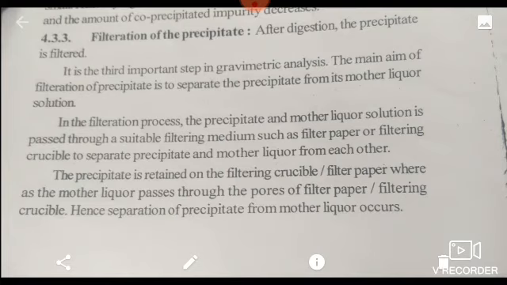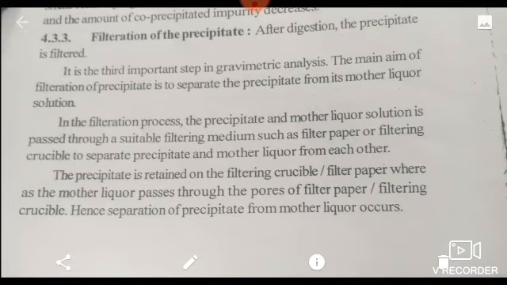In the filtration process, the precipitate and mother liquor solution is passed through a suitable filtering medium such as filter paper, filtering mats or a filtering crucible to separate the precipitate and mother liquor from each other. So the precipitate is retained on the filter paper or filtering crucible, whereas the mother liquor passes through the pores of the filter paper or filtering crucible, hence the separation of the precipitate from the mother liquor occurs.